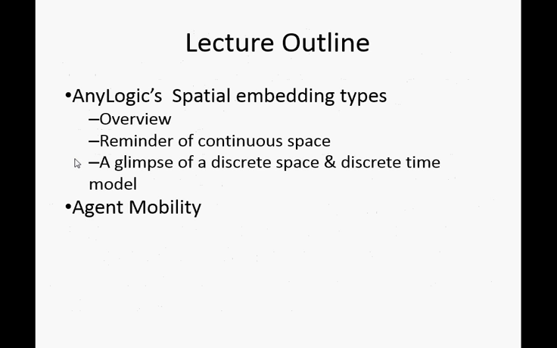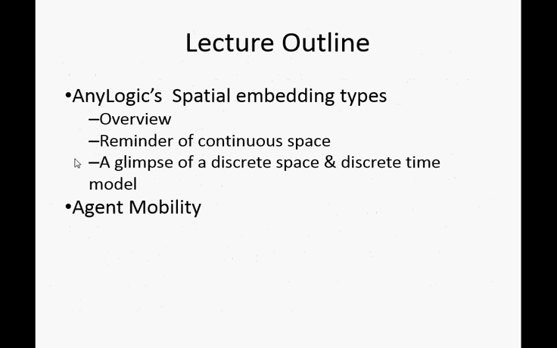So we're going to be talking in this context of stylized models about spatial embedding, and we're going to do a brief review of a type of spatial embedding we've been using thus far, to wit, continuous space. And then we're going to be taking a look at a glimpse of discrete space and discrete time.